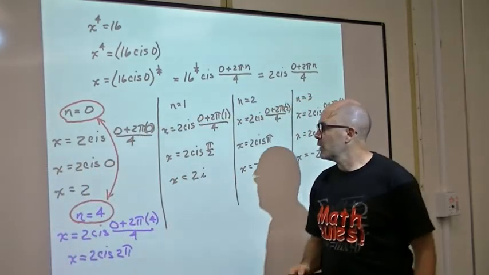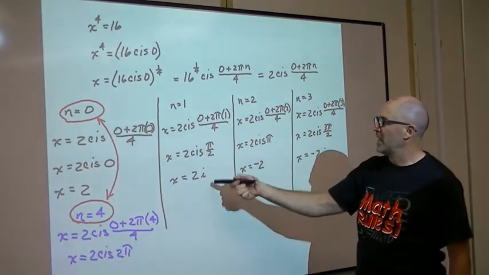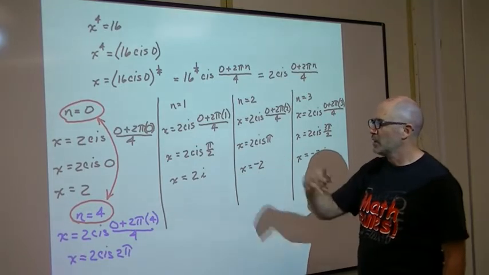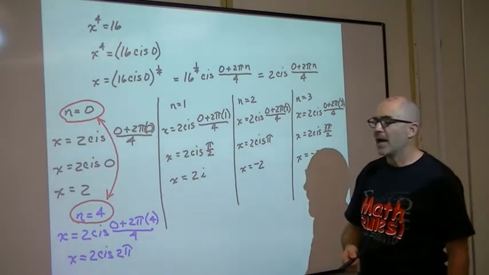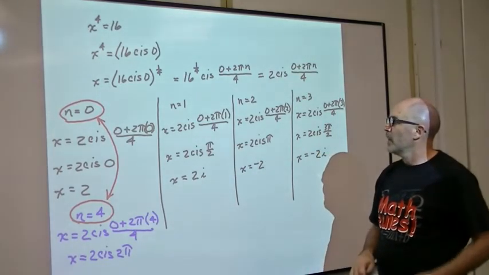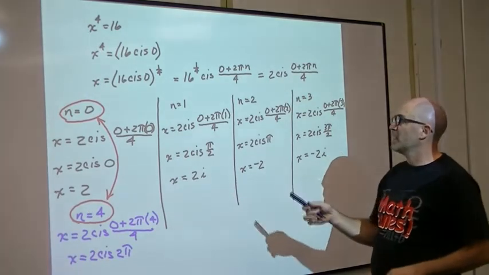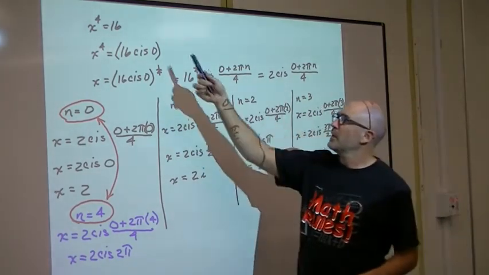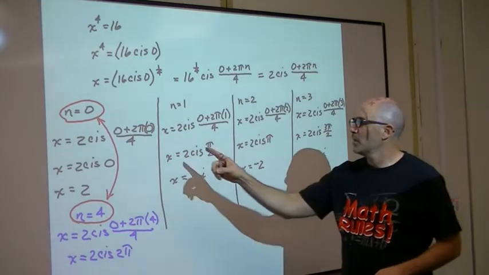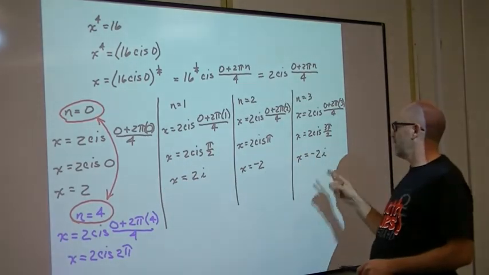And if I did an n equals 5 case, it would be the same as n equals 1. So basically it's just going to repeat a pattern. Now, here's what this says: x to the 4th equals 16, x equals any one of these 4.